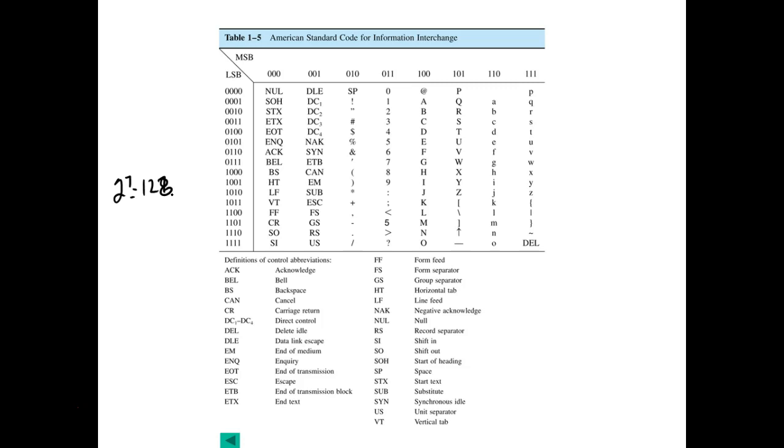Now for me to come up with a code, let's say I want the code for a carriage return. There it is. First of all, I would write down the pattern off the columns, and then I'd write down the pattern for the rows. And this is a code, so normally we would put ASCII out there. That's not a number system, it's a code. So I send this code over to my computer.